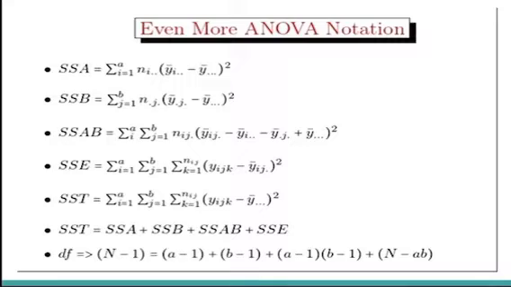The first formula computes the variation within factor A. That's SSA, sum of squares A. Sum of squares B is the variation within factor B. Don't forget, in the one-way analysis of variance, we consider variation between groups. But here we have two between-group terms, for A and for B. Then the third one is for interaction. Then SSE will be for within, and SST will be the total variation.